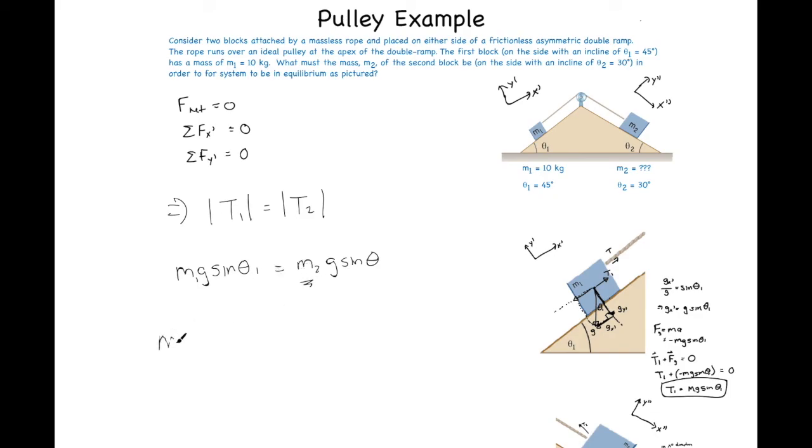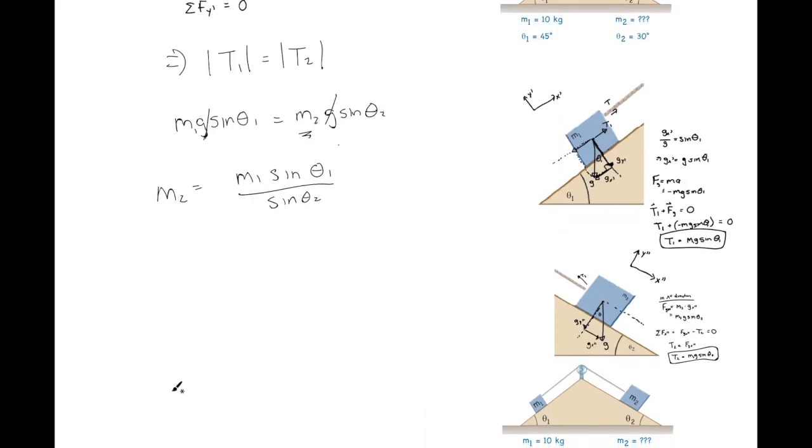So we can say mass 2 is equal to, the g's cancel, m1 sine theta 1 over sine of theta 2. There should be a 2 over here.